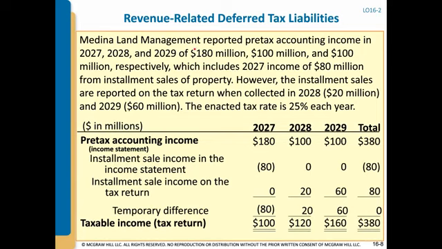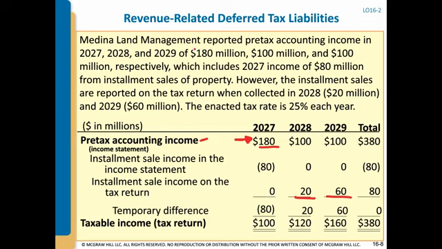Now, for tax purposes, we're starting with our pre-tax accounting income as our first line item. That's how we always start calculating our taxable income. So for 2027, I started with 180, but I'm going to reverse it because I'm only going to recognize that revenue for tax purposes when the cash is actually collected, which is 20 million in 2028 and 60 million in 2029.